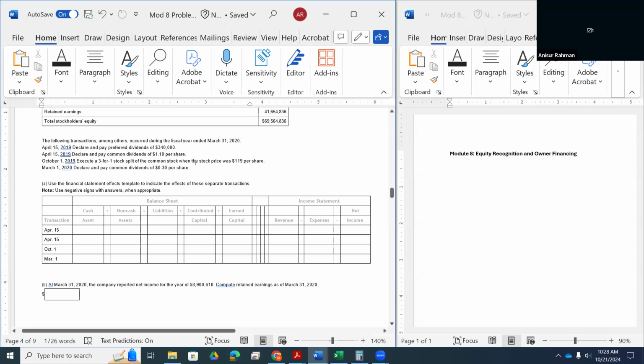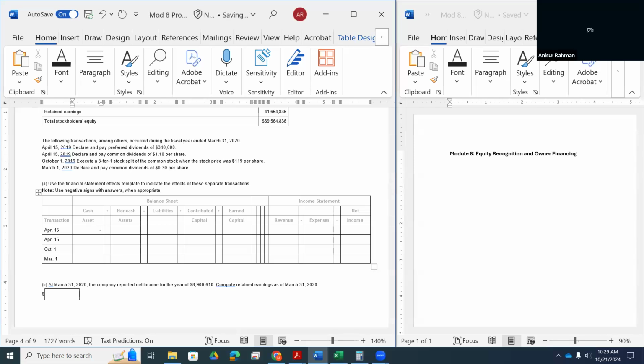So when a company pays dividends in cash, it will reduce our cash, which is on the asset side. In the note, it says use negative signs with answers when appropriate. So it will reduce cash. Write down negative $340,000. Now we know the asset side must equal the liabilities and shareholders' equity side.